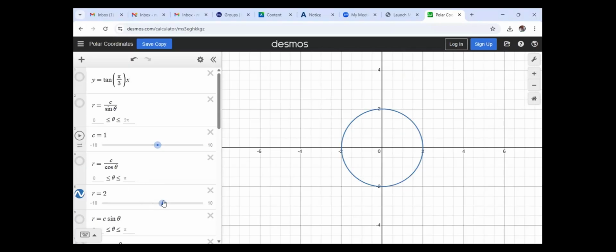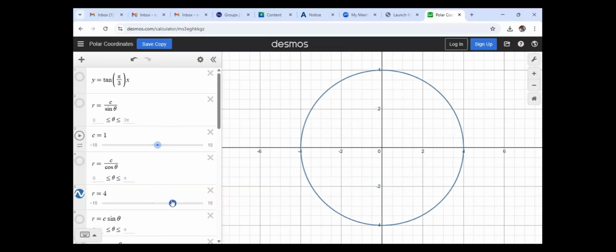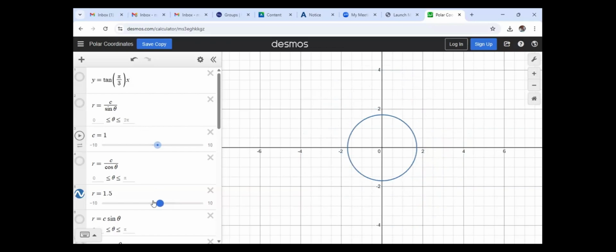Because here, our radius equals something. So we're always going out 2 units in every direction. It doesn't say anything about our theta, so we're going to go out 2 units in every single direction. And now if we change this r, we can make it bigger or smaller. But no matter what we do, we're still getting a circle.